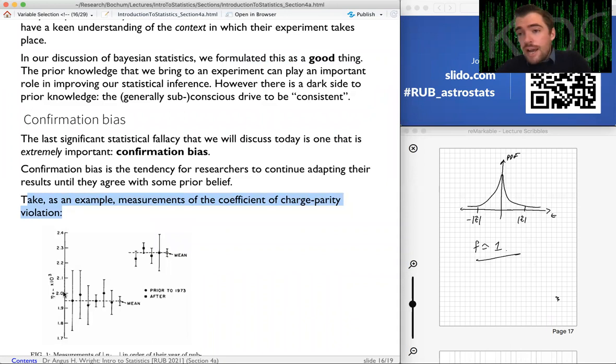If you look at the value of this estimated parameter prior to 1973, every single observation, every single experiment found the same value to a very, very significant level. The mean of these observations has an uncertainty on it that is extremely small.